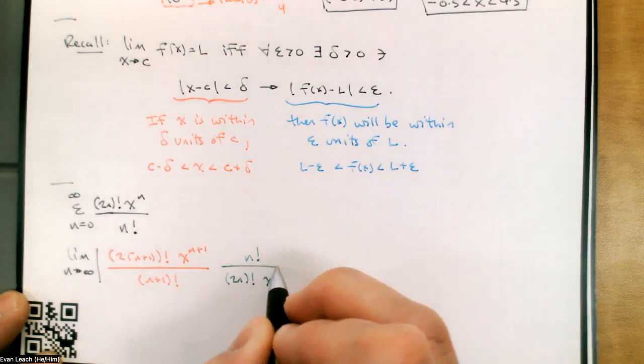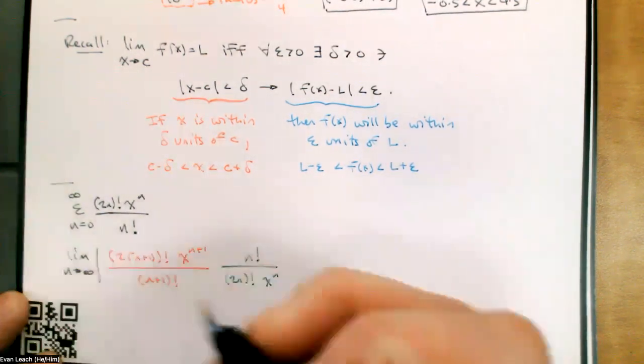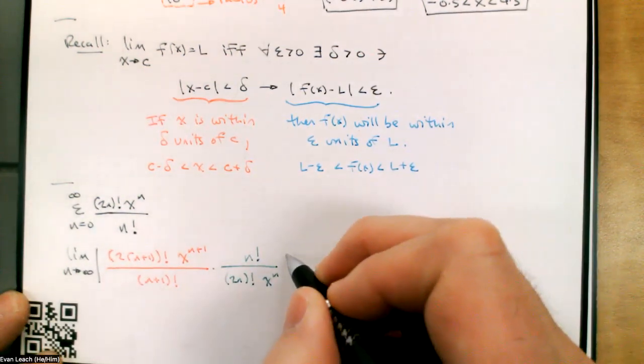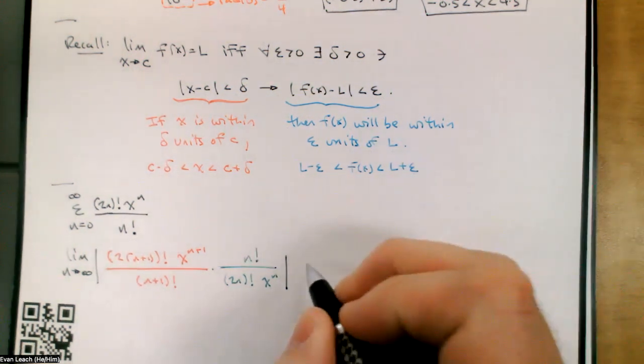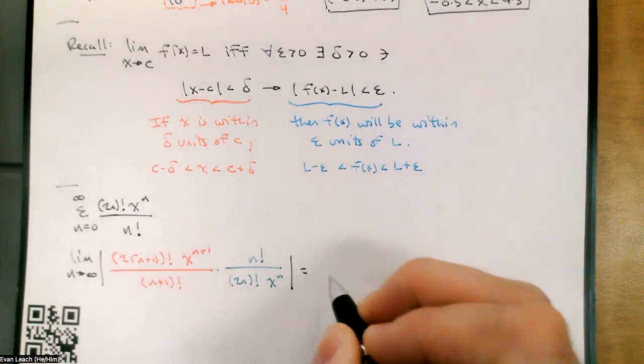So instead of dividing by a n, I'm going to multiply by the reciprocal of a n because that's the same thing, and I want to save vertical space. Now we start the cancellation process. Remember, we cancel like with like. The x to the n plus 1 and the x to the n, that simplifies to an absolute value of x.